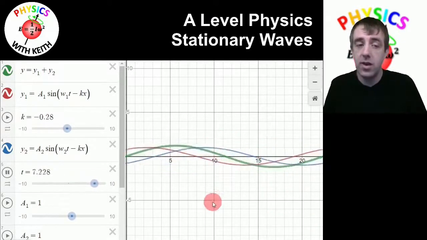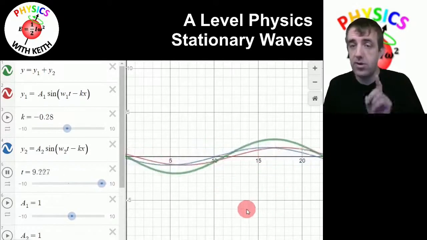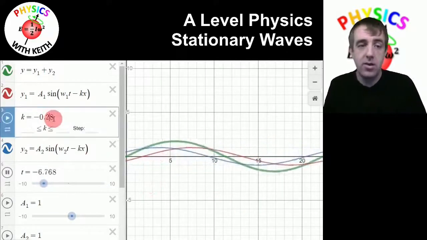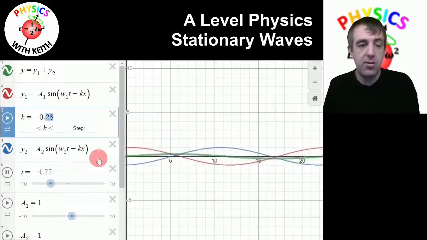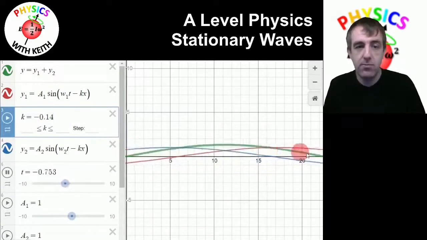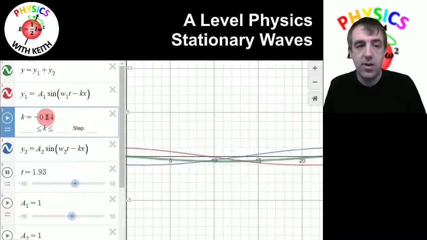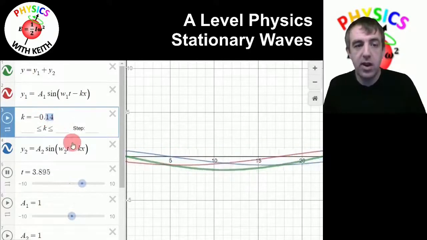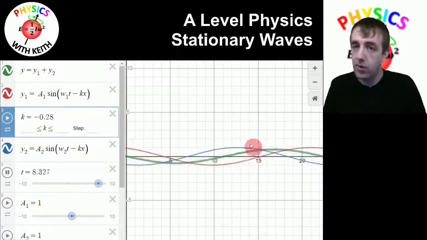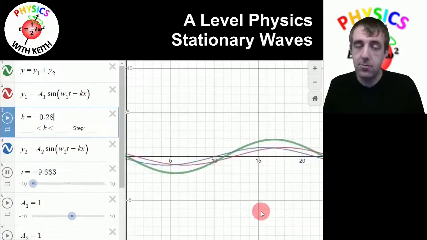This is called the second harmonic, or the first overtone. The fundamental mode is what happens when we have half a wavelength fitting on that piece of string, and the first overtone, or the second harmonic, is what happens when we have one full wavelength fitting on that string.